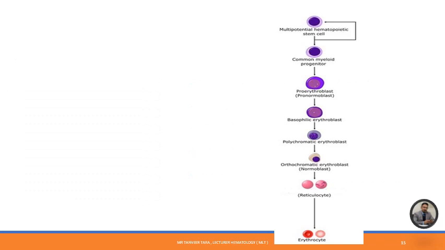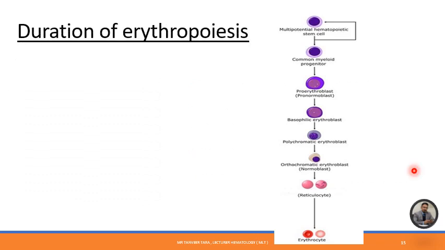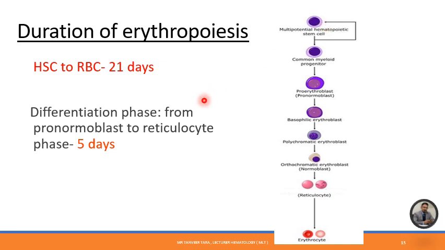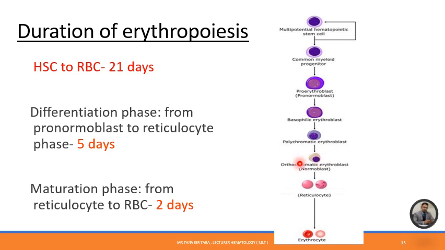So, the duration of erythropoiesis. While looking at the duration of erythropoiesis, from hematopoietic stem cell to erythrocyte, it will take about 21 days. The differentiation phase, that is from pronormoblast to reticulocyte, will take about 4 to 5 days, and then the maturation stage, that is maturation from reticulocyte to erythrocyte, will take only 2 days.